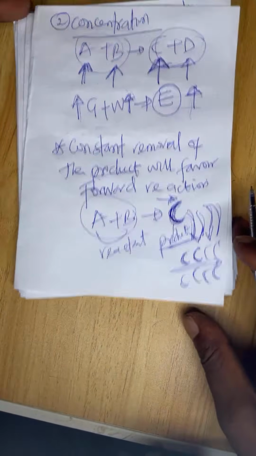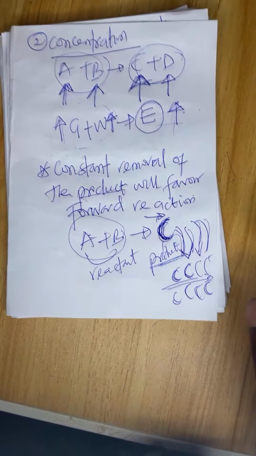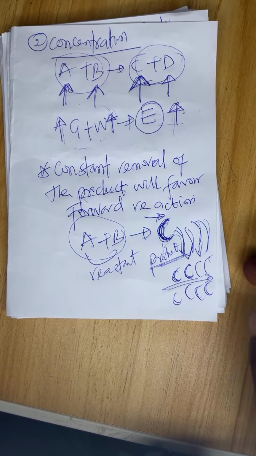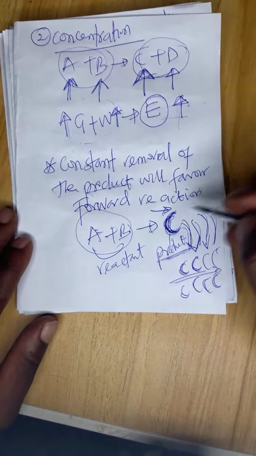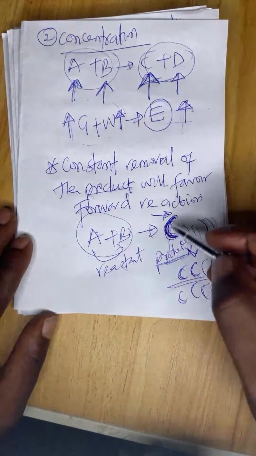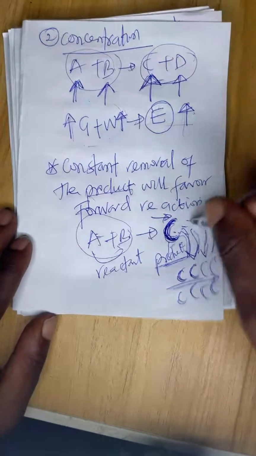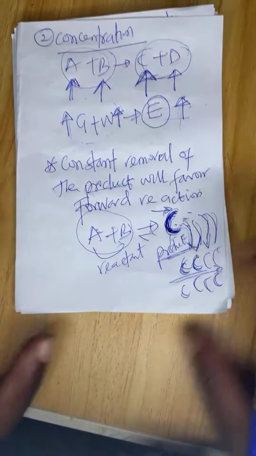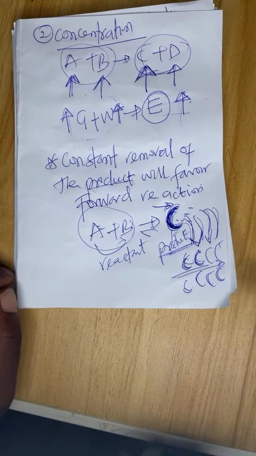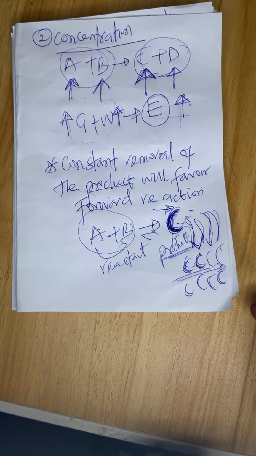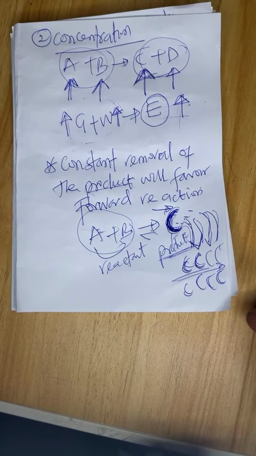The way I used to explain this: if you are at a party and someone is sitting in a place constantly taking more of the takeaway packs, eventually that person will have more of the takeaway packs because they are constantly removing and keeping them.